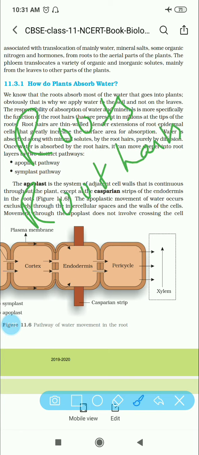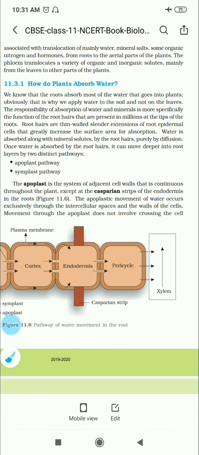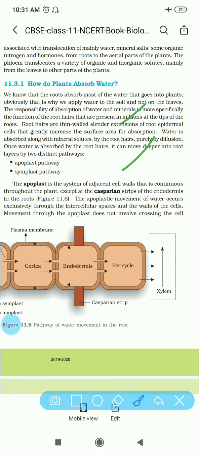Root hairs increase surface area and also help in absorption. You just go through this paragraph, you'll come to know. Water is absorbed along with minerals by the root. As I told you, water cannot always be in pure form, and soil is the richest reservoir of minerals, so the root hairs will absorb it mainly by diffusion.